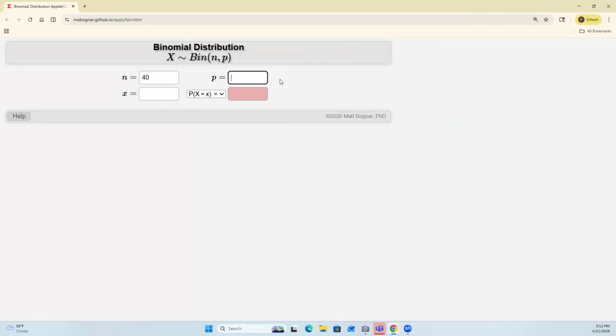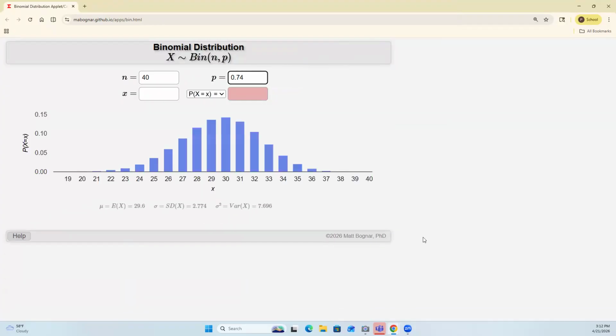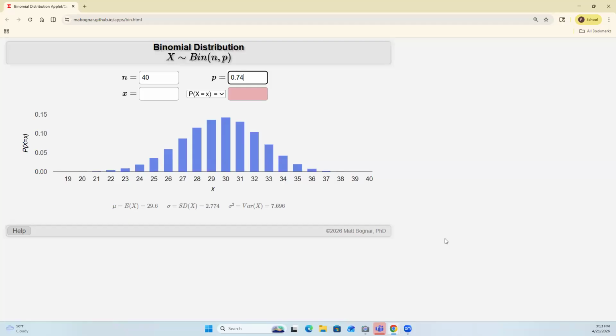What's p? 0.74. We got to enter it as a decimal. Where's the center? Yeah, 29 or 30. In fact, it's going to be almost exactly 30, because 7.4 times 4 is 29 point something, right? Close to 30. Now, maybe you had done that arithmetic in your head, but if you hadn't, that was a pretty quick way to do it because visuals are a nice, fast way of understanding statistics.